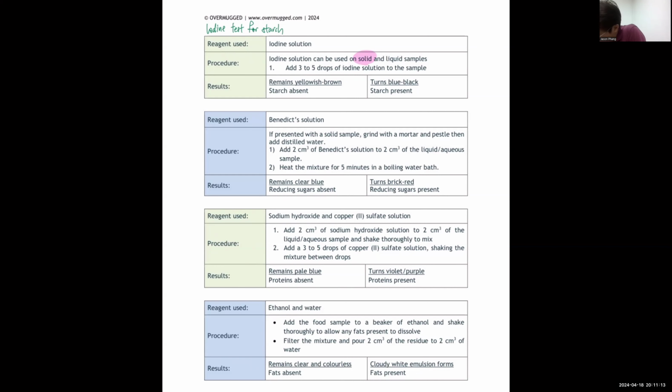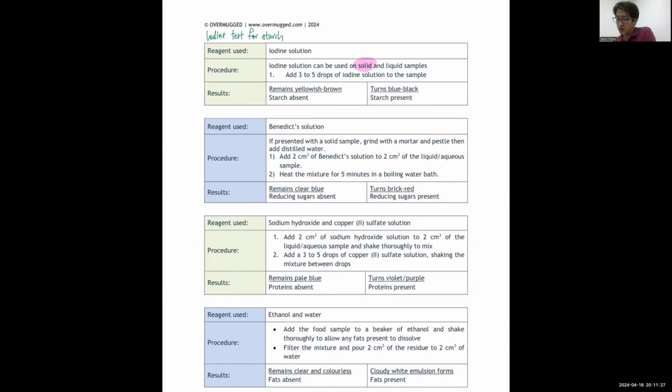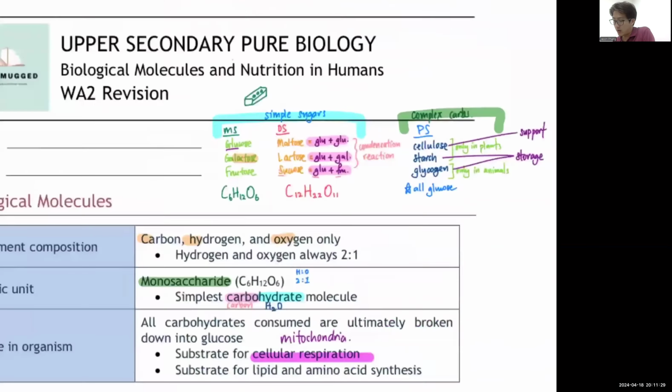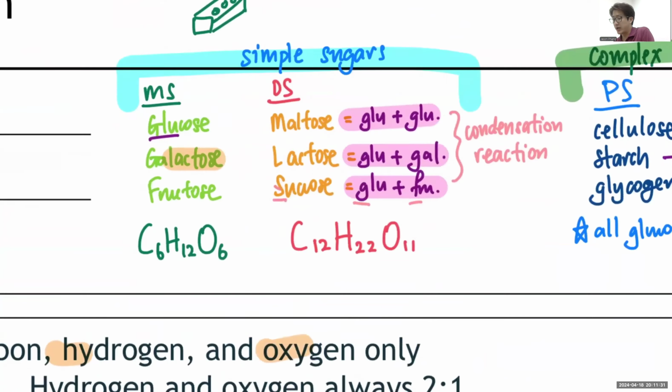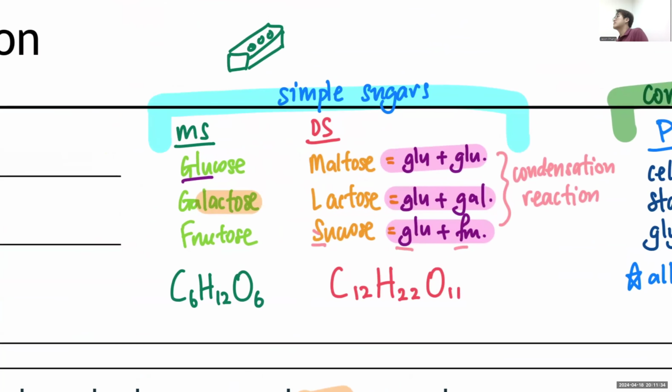All right, so what's the name of test number 2? Benedict's test for reducing sugars. Once you're done writing, eyes on screen. I will head back to our carbohydrates. So Benedict's test for reducing sugars.